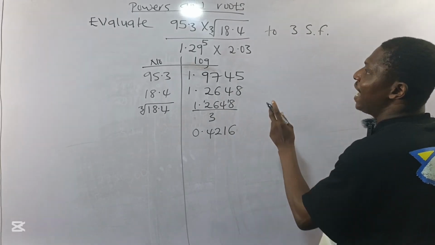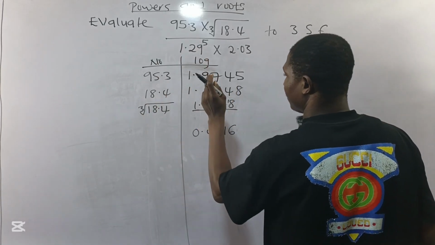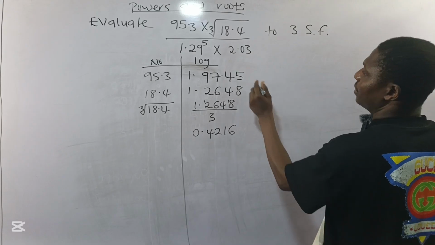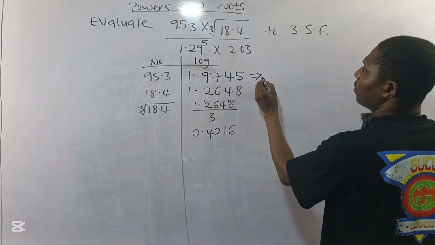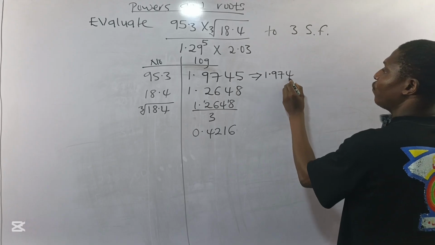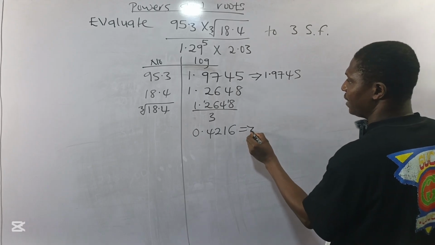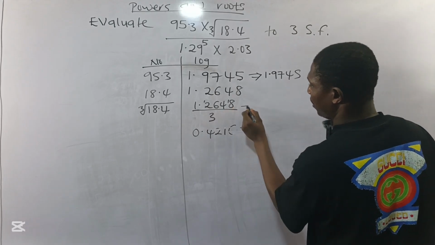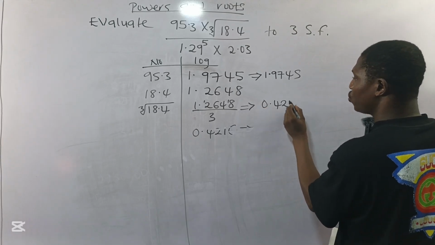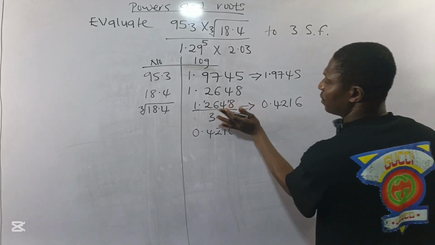So we are to add this and this: 1.9745 and 0.4216.